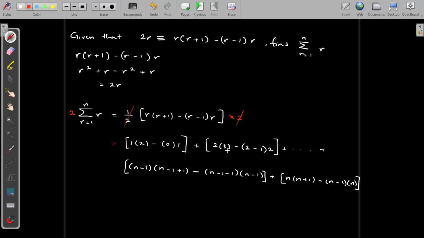And based on everything that we're seeing so far, this will cancel out this. That's the same 1 times 2, 1 times 2. This is going to cancel out by the next term. So in the last bracket, we need to see what will remain. So in the previous bracket, we have n times n minus 1.